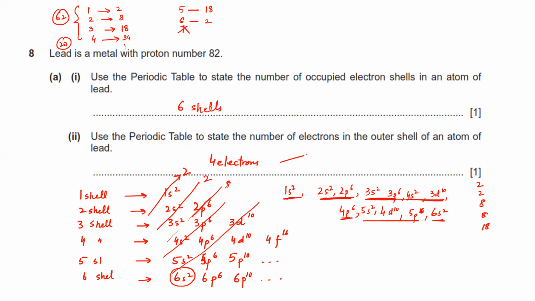Out of those 4 electrons, there will be 2 in the s orbital and 2 in the p orbital.